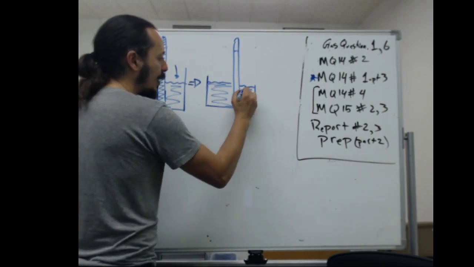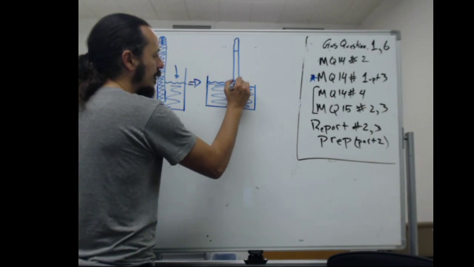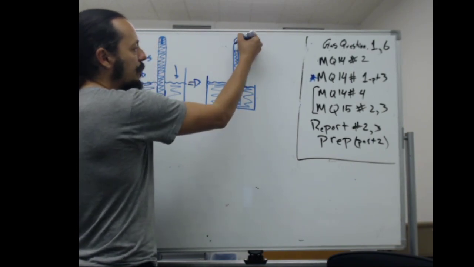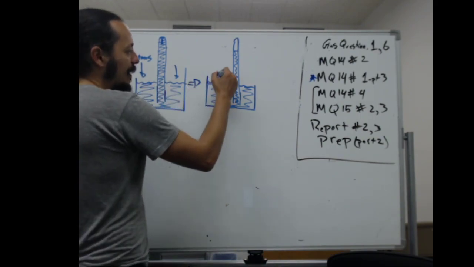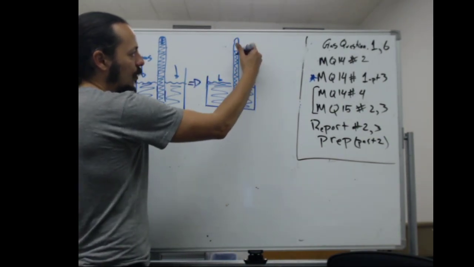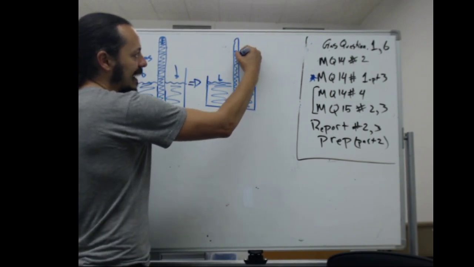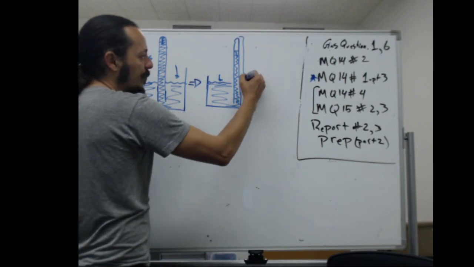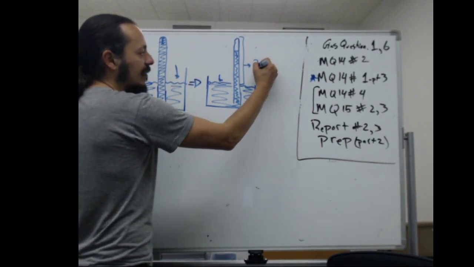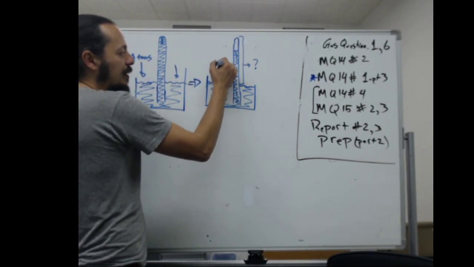Not all of the pressure, but some of the pressure. And so we end up with this empty space. Now, the pressure out here pushing down is equal and opposite to the pressure inside here pushing down. And so the question becomes, what pressure is inside here that's balanced by the pressure outside here?